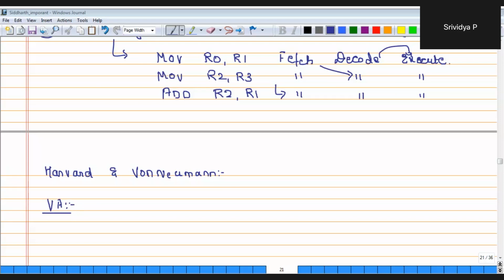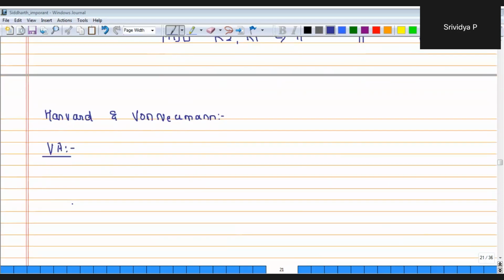In this architecture, the microcontroller unit had a common memory address space for both program memory and data memory.